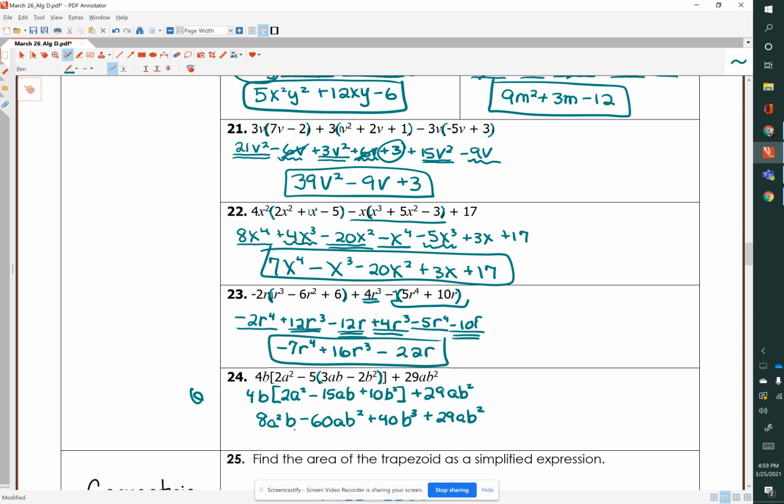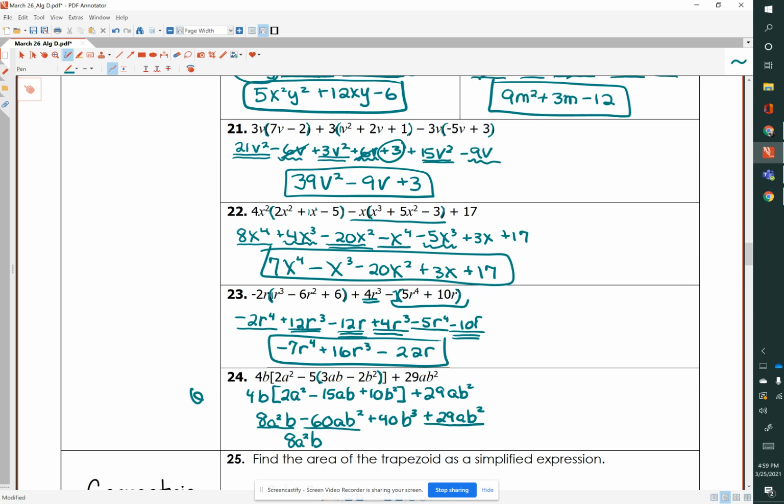Okay, let's see if we can combine like terms. Well, the 8a squared b is not going to combine with anything. Remember, we're adding and subtracting now, so we have to have exactly the same terms. The negative 60 plus 29, we can combine the ab squared terms.